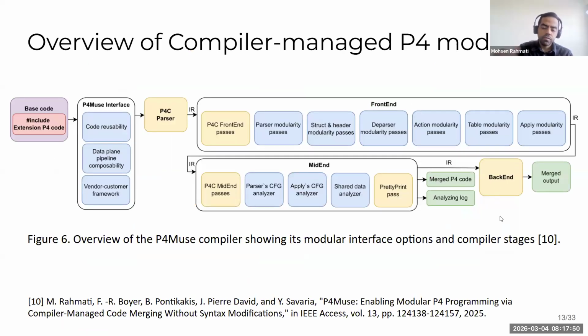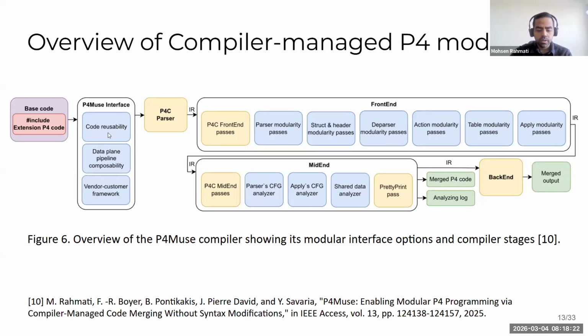And for P4Muse, we reuse this part of the P4 workshop work, adding verification of the merged parser and other things, and also doing this for the rest of the pipeline architecture. Firstly, like the previous work, we include the extension P4 code in the base code, and also we consider three interfaces for P4Muse. For example, code reusability.